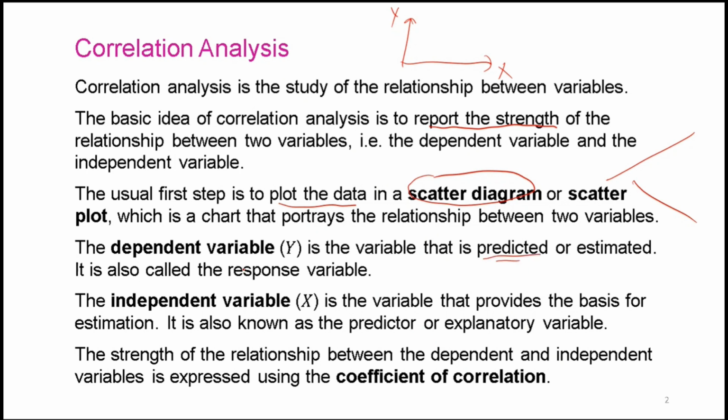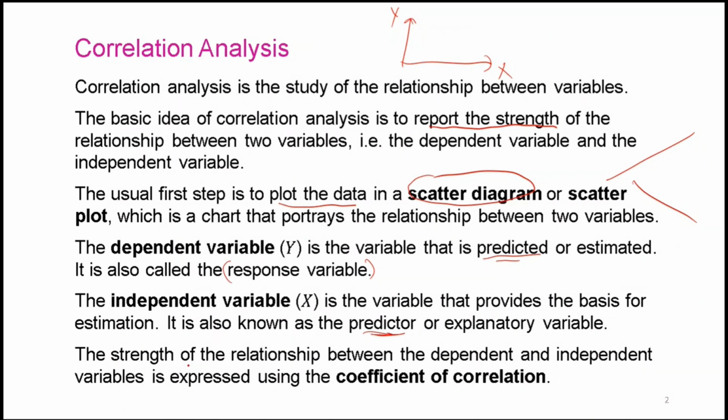It is also called the response variable. So this is another name for the dependent variable, response variable. Okay, the independent variable x is the variable that provides the basis for estimation. It is also known as a predictor or explanatory variable.